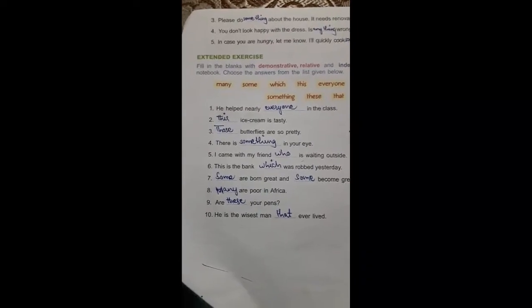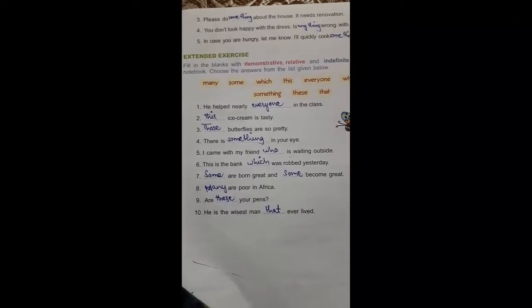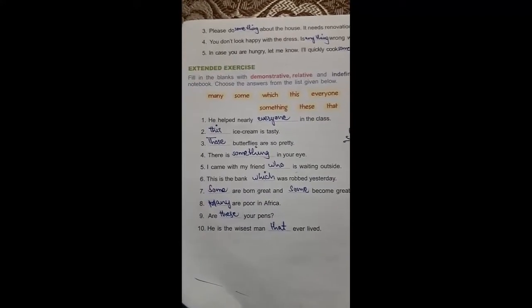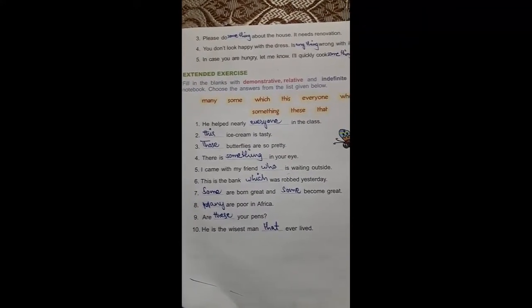Extended exercise, you have to fill it with demonstrative, relative and indefinite pronouns which are given here. We have to fill it up into the blanks. And the first one is, he had nearly everyone in the class. And it is an indefinite pronoun.